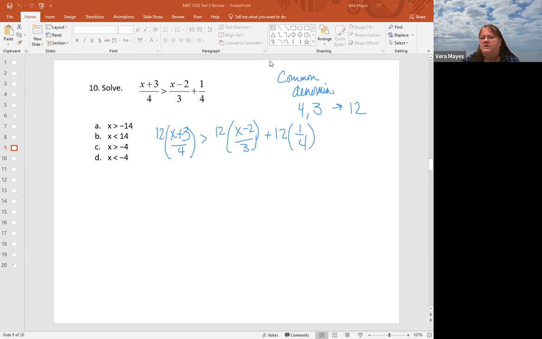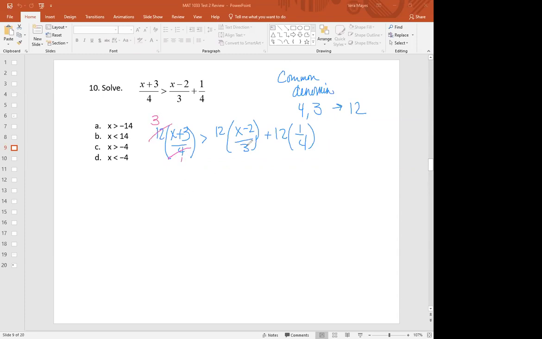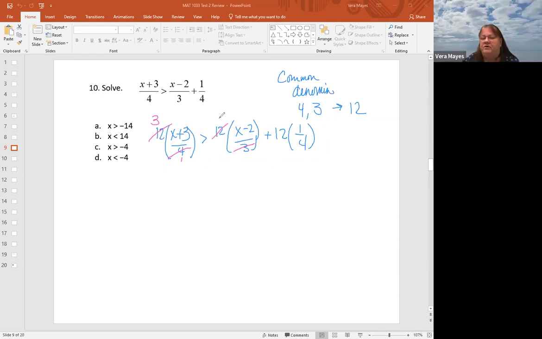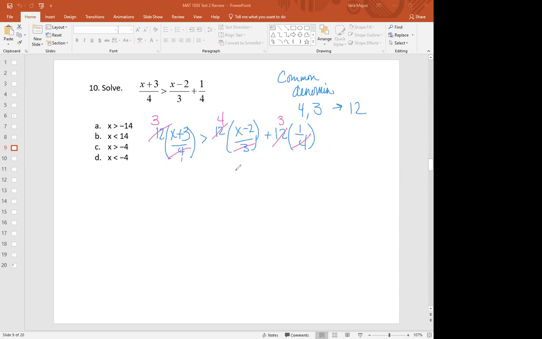And then I'm going to look to see, this is my favorite part, the canceling. Okay, 4 goes into itself one time and into 12, 3 times, right? How many times does 3 go into 12? 4. How many times does 4 go into 12? 3. So we no longer have any fractions.